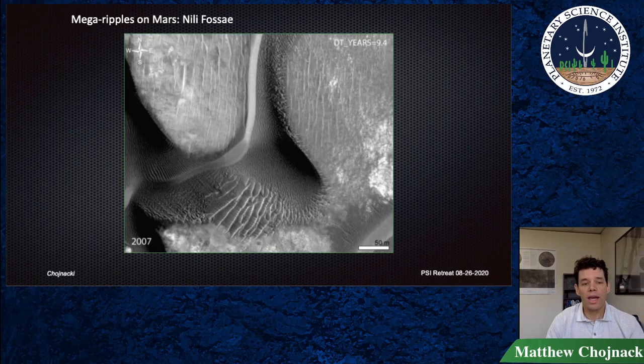Looking at an animation in Nili Fossae, you can see the whole system is moving, the whole Aeolian system is migrating to the top left, and the ripples, the dunes, but also the larger mega-ripples that are on top of the dunes are migrating in transverse motion.